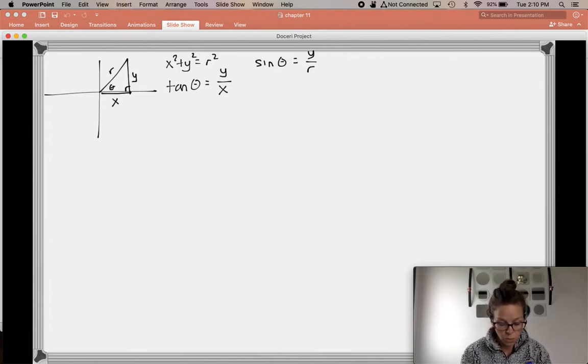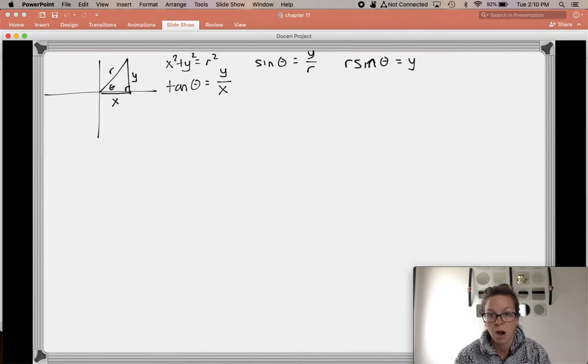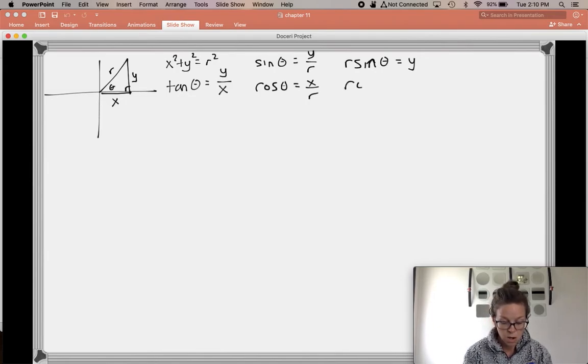We typically rewrite this, and so we're going to say r sine of theta is equal to y. So that relates our r's and thetas with y. And then likewise, cosine is adjacent over hypotenuse, and so if I multiply by the r, r cosine of theta is x, and so that relates our r's and thetas to x.